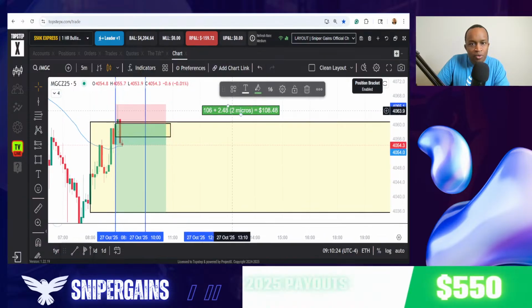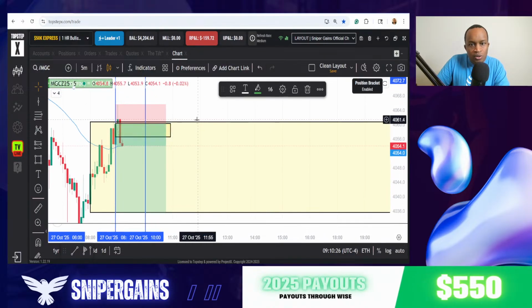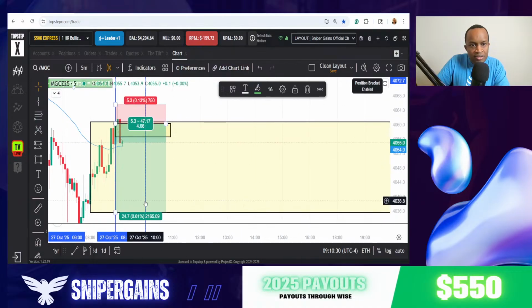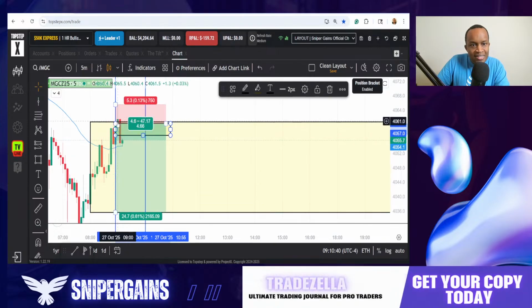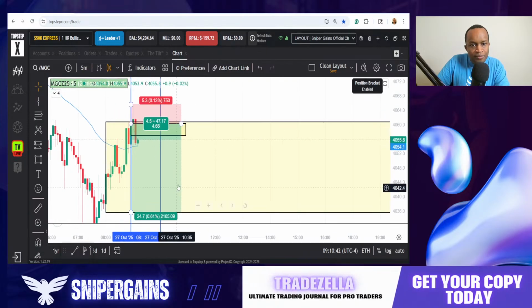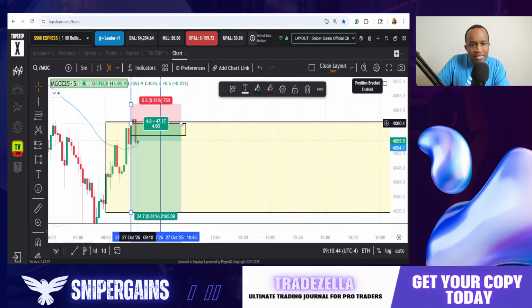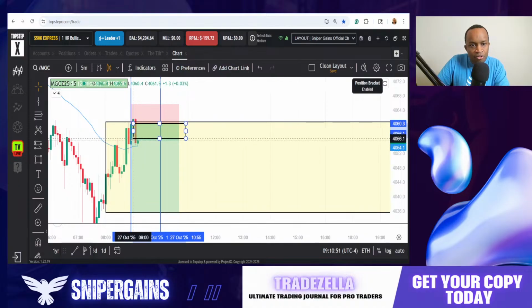That's the game plan. We're going for those 2 micros. So we are just going to have to patiently wait and see if this fair value gap will hold. Hopefully it does. It does seem pretty big, and I'm hoping it holds that zone right there. Obviously, I would love to catch a much bigger trade, but at the end of the day, I have to follow my game plan.